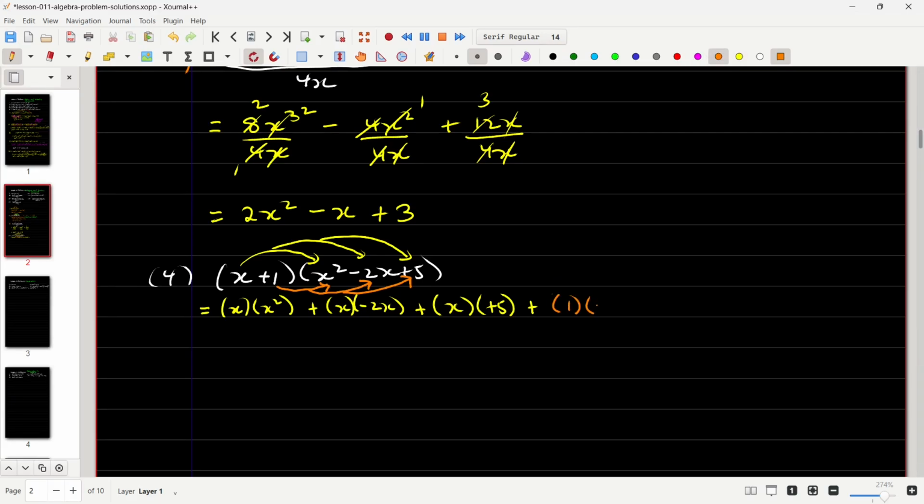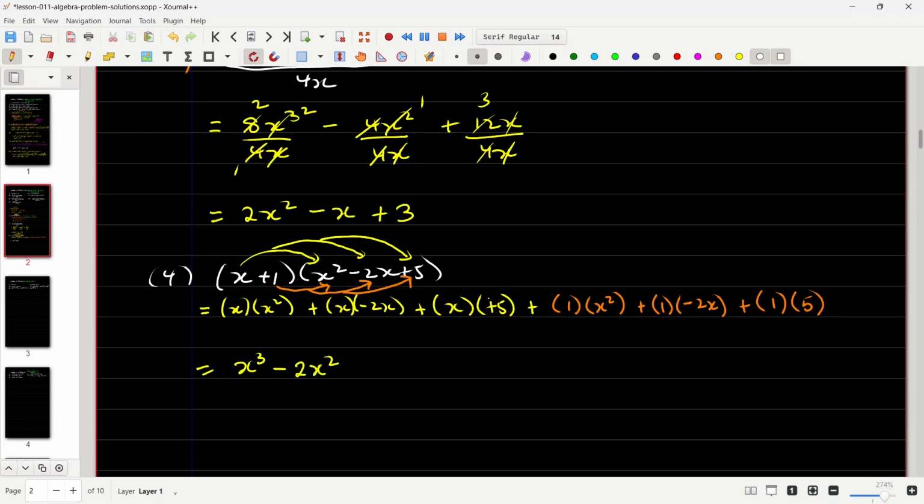So I'm going to have 1 multiplying with x squared. Then I'm going to have 1 multiplying with negative 2, oops, negative 2x, plus 1 multiplying with 5. Expand and simplify. So 1x multiplied by 2x is going to give me negative 2x to the second power, right?